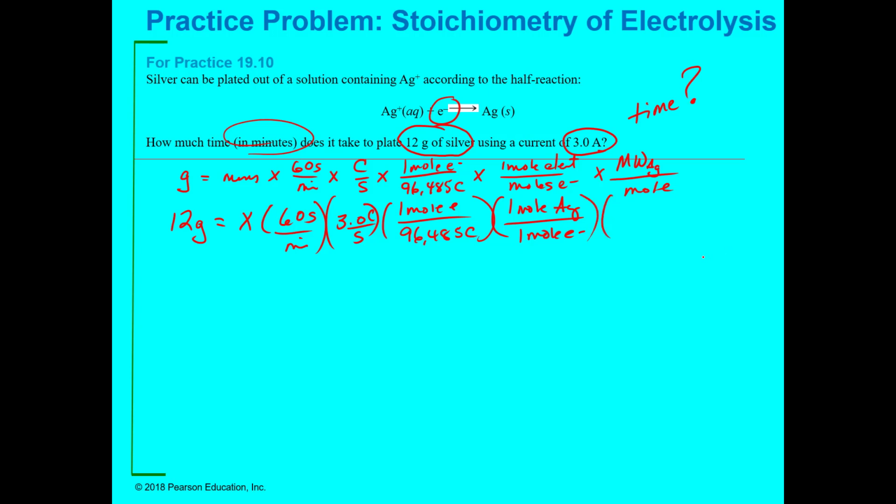You do have to look up the silver, which is 107.8682 grams of silver in 1 mole.